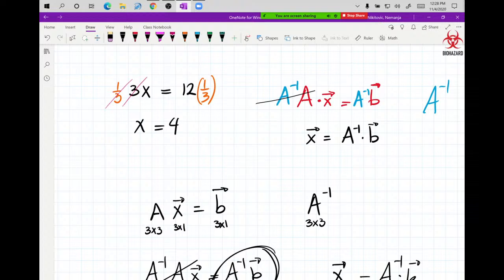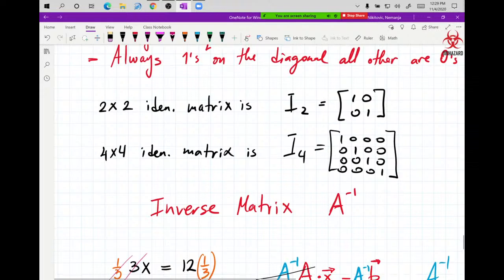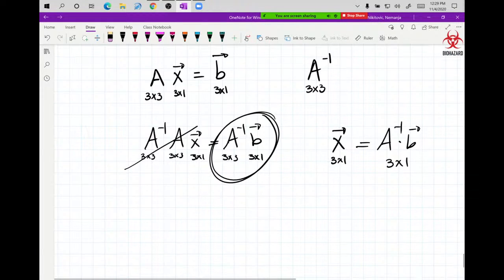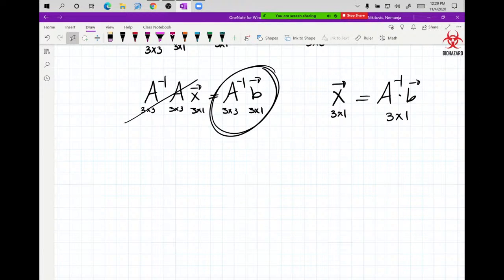So now we understand where this inverse matrix thing comes in, and a very cool property of the inverse matrix, which is what we are actually using up there, is that A inverse times A is I, and that's actually commutative as well.